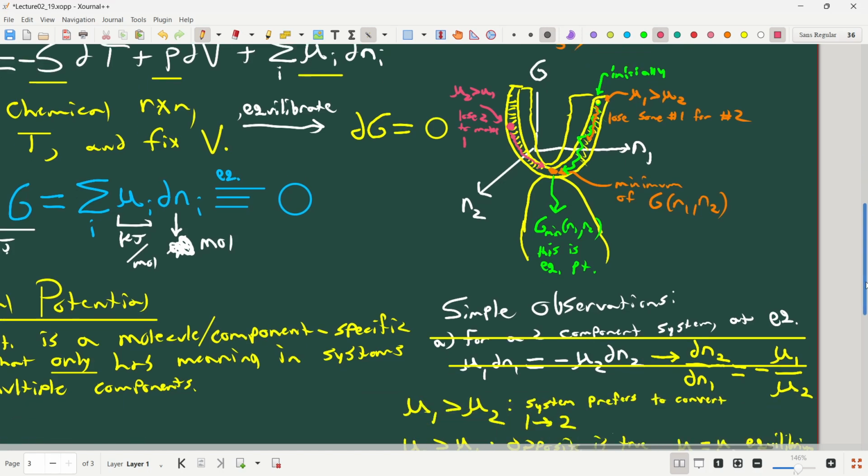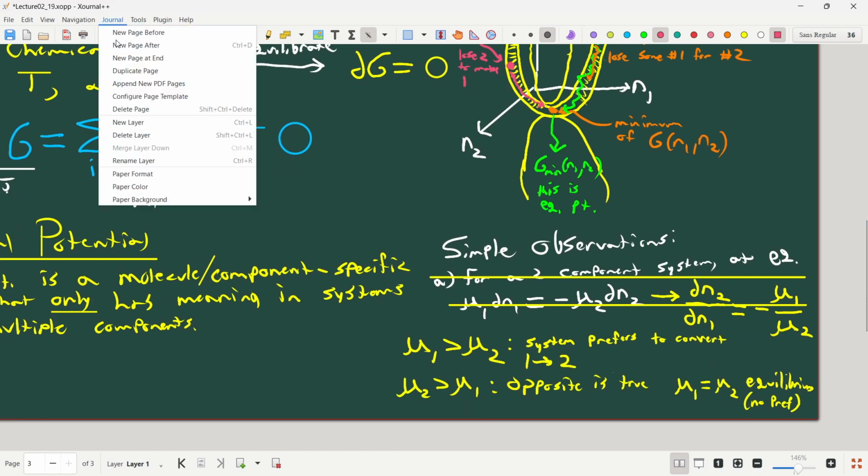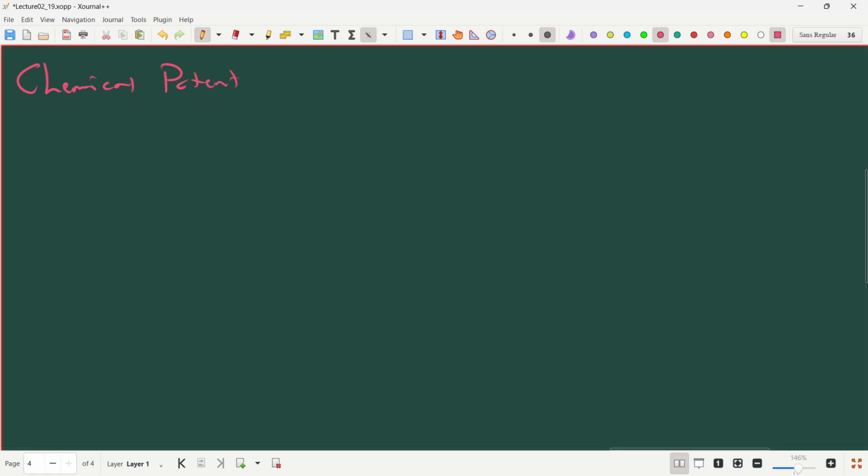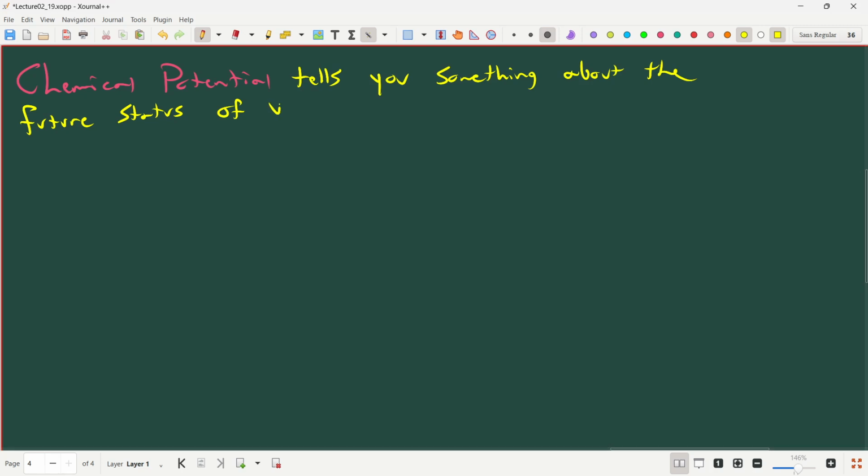So what does that mean then? Chemical potential tells you something about the future status of your chemical system.